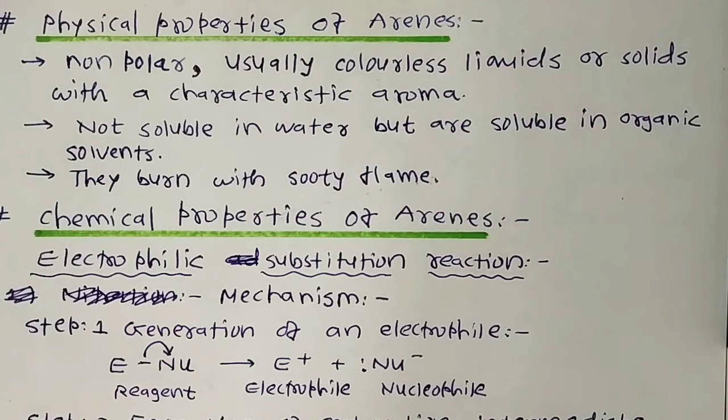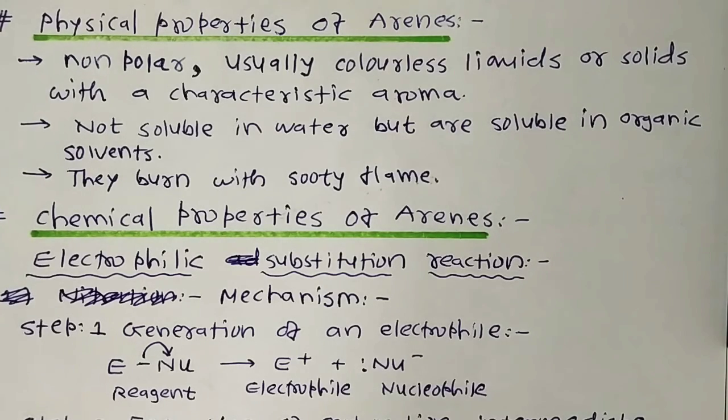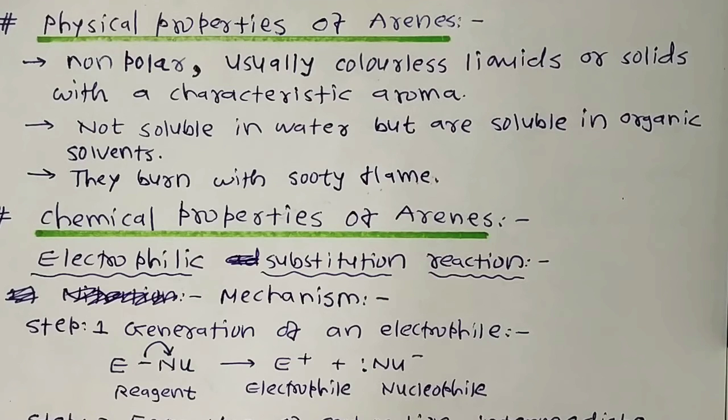But before we start with these 6 reactions, first we focus on the mechanism of electrophilic substitution reactions. As we know, benzene contains pi electron clouds, one lying above and the other below the plane of the ring.